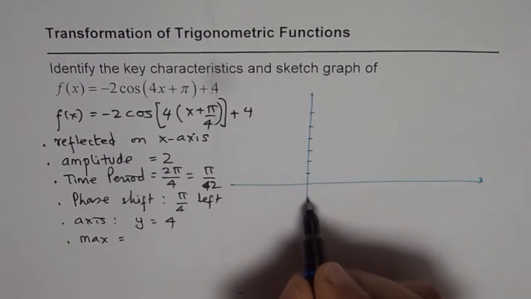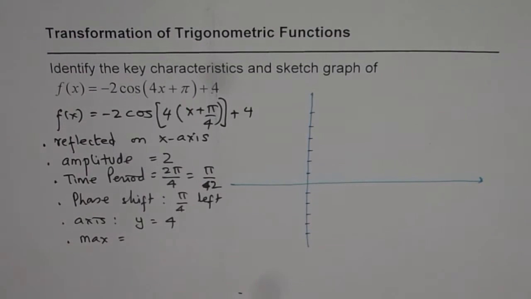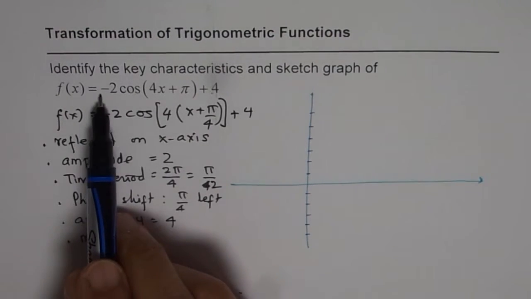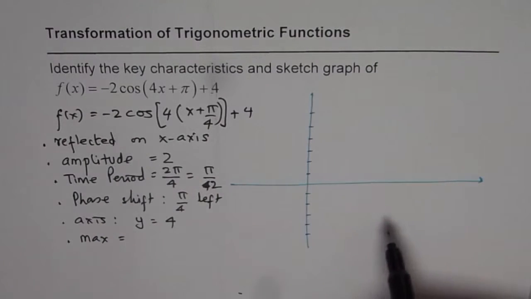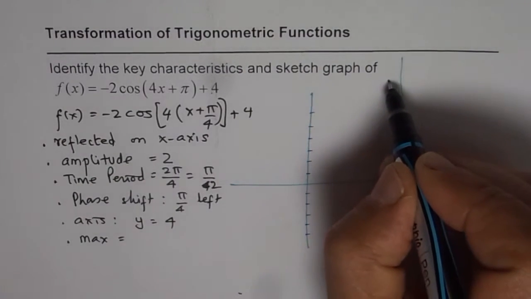Okay, so these are my ones along the y-axis. Perfect. So when we say minus, it means the graph gets reflected. So normally, let me make a rough sketch here and then we will do the final one.